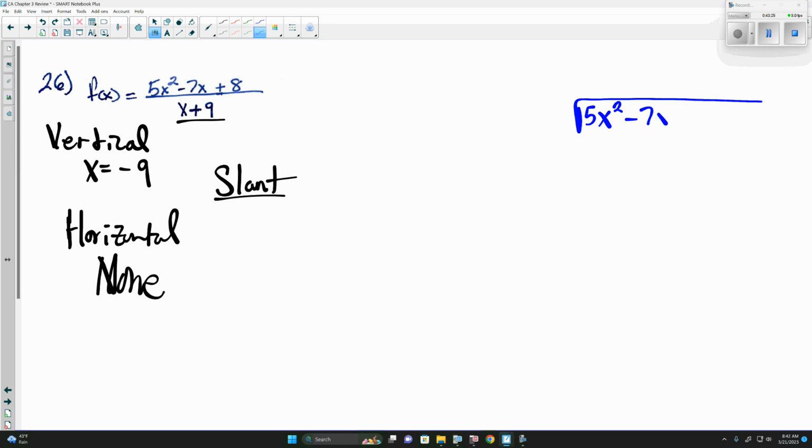5x squared minus 7x plus 8 is being divided by x plus 9. And if we do this here, what times x gives us 5x squared? That would be 5x, and we'd multiply it out. 5x times x plus 9 would be 5x squared plus 45x.